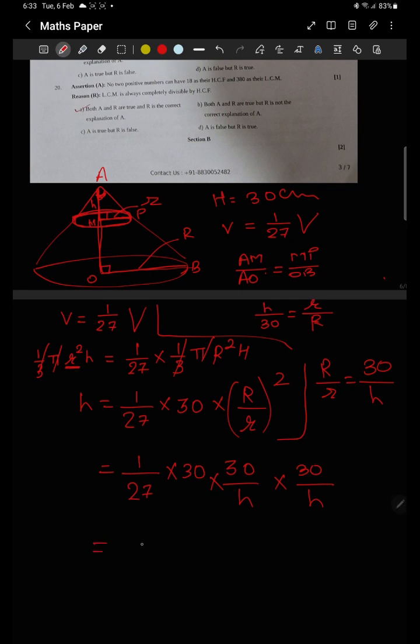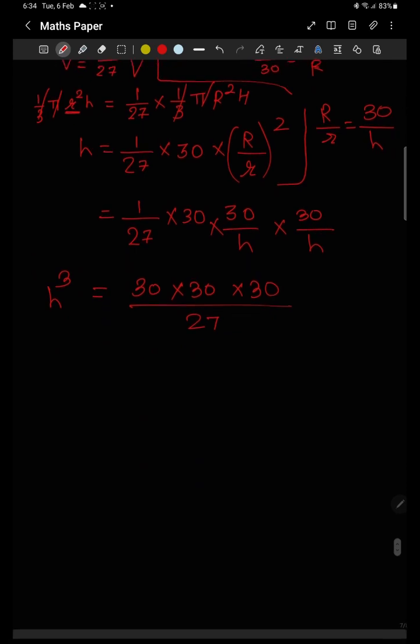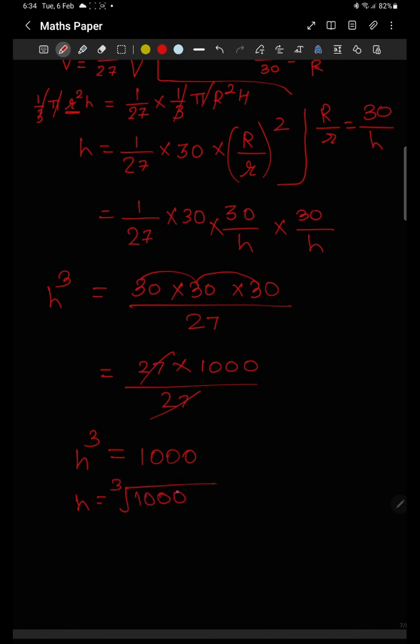So these are 30 into 30 into 30 by 27 into h square. h square is in division, while shifted to LHS it will be multiplied, and that is h cube. 3 threes are 9, 9 threes are 27. That 27 into 10 into 10 into 10 is 1000 upon 27. 27 27 getting cancelled. Then I got the value of h cube is 1000. So h cube is 1000, the cube root of 1000, h is 10.